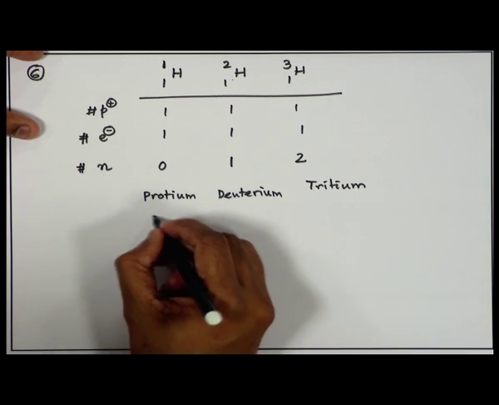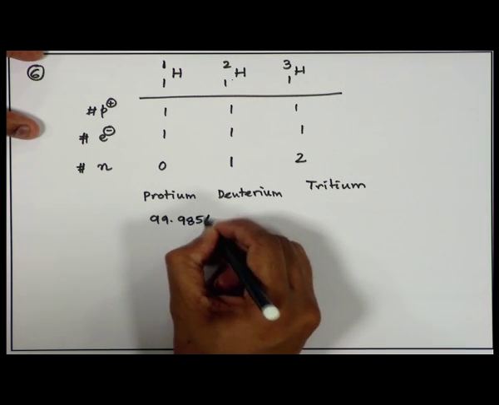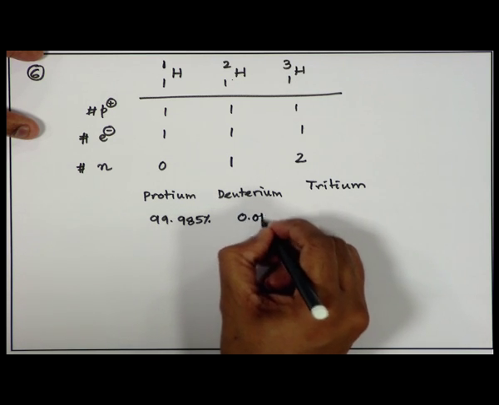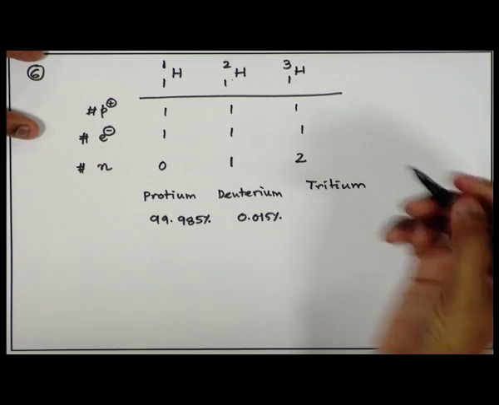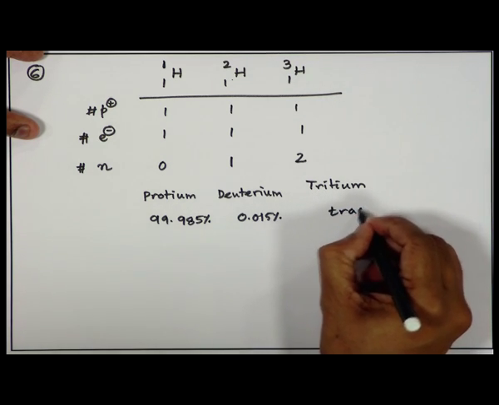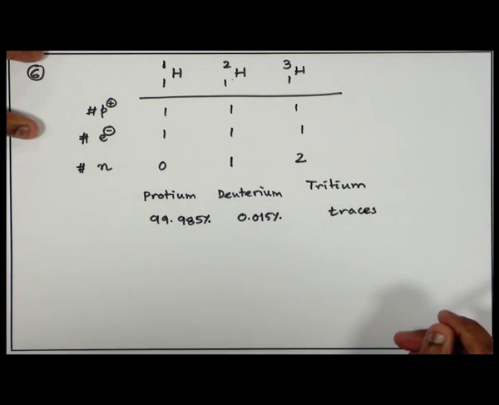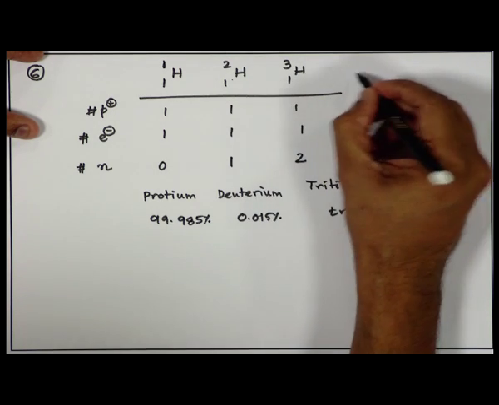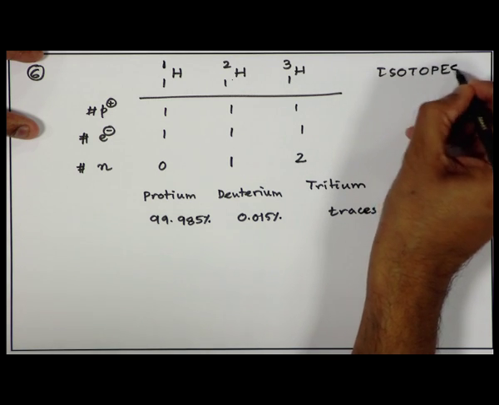Their natural abundance: protium is 99.985%, deuterium is present in very small quantities, 0.015%, and tritium is present in trace amounts. Right. So, these 3 are again isotopes. These are the isotopes of hydrogen.